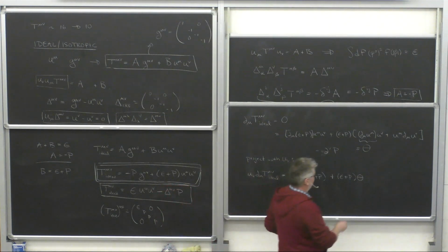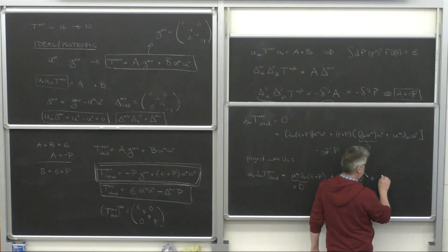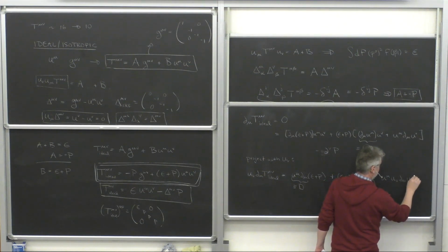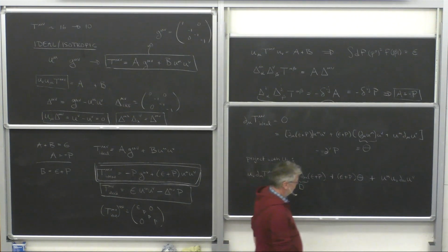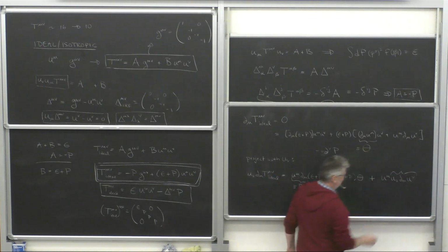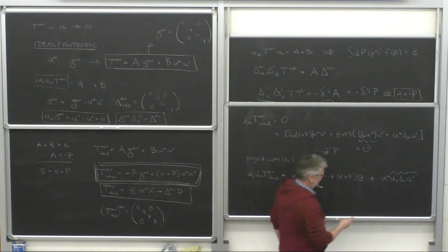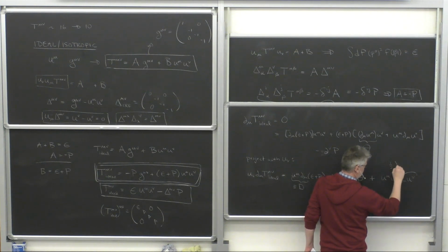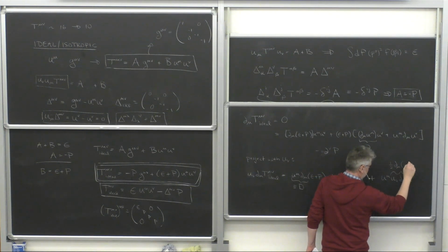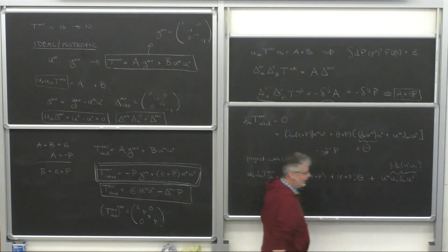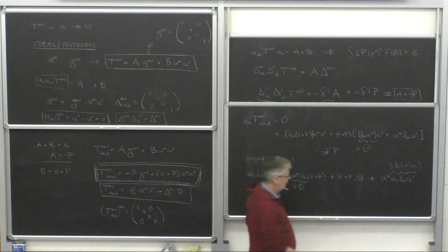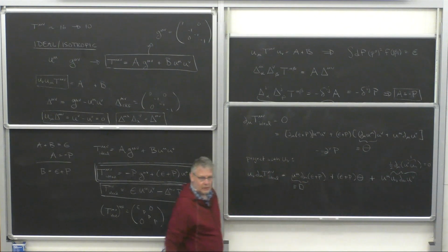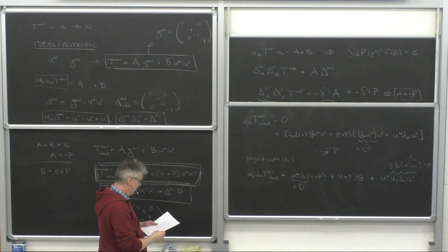And then finally, this term. This one Francesco discussed earlier. This turns out to be 0 because I can rewrite this as that. But this is just 1, so that's 0. So that term goes away, that's nice.